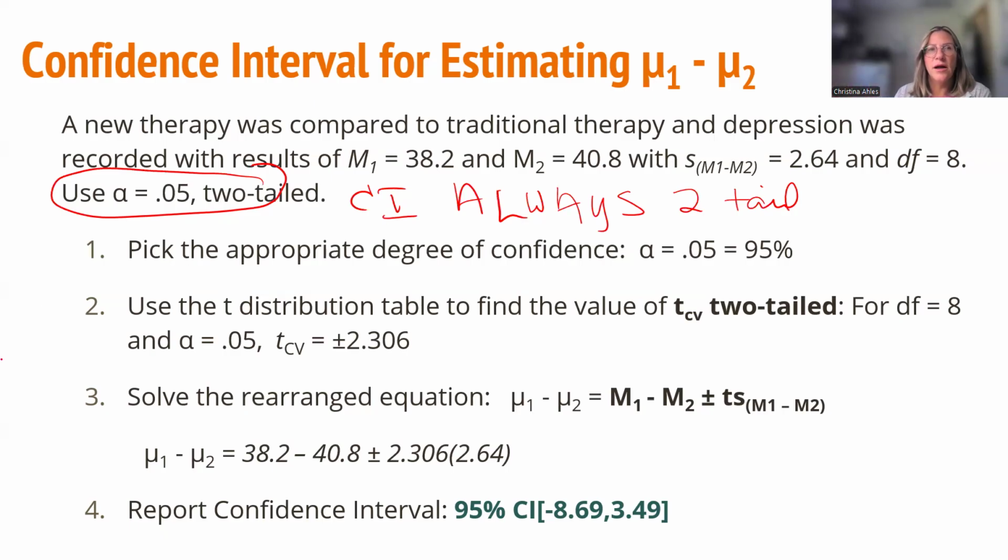So we know that our alpha level was 0.05, which is a 95% confidence interval. So 95%. We're going to find the critical value for a two-tailed test with the degrees of freedom of 8, because that's the combined, and you should be getting a critical value of 2.306 in that table. So the first thing I usually do is multiply these two together. That's your estimated standard error times the critical value for a two-tailed test.